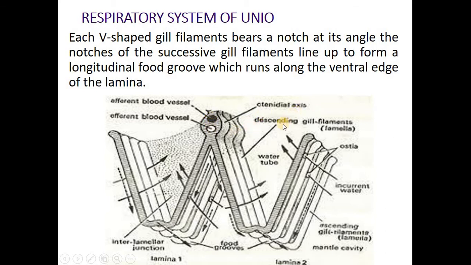Now this is the T-needle axis, descending gill filament, ascending gill filament, and ostia. So in the current of water, when the water enters the Unio through the inhalant siphon, it is meant for one part respiration, and the second part for the collection of food.